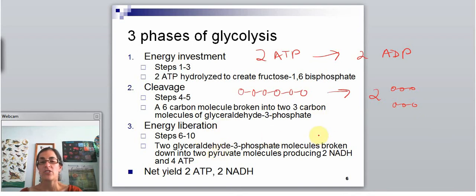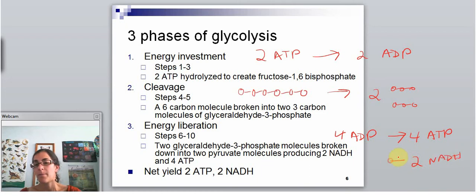So this is where energy actually gets released. And so what's going to happen here is it's going to make 4 ATP. In order to make 4 ATP, I have to use 4 ADP. Also going to make 2 NADH. In order to make NADH, I have to use 2 NAD pluses.